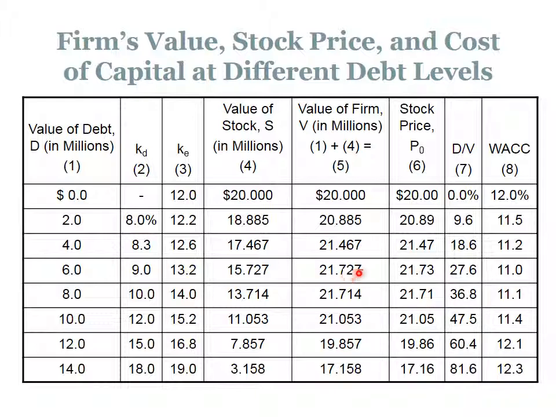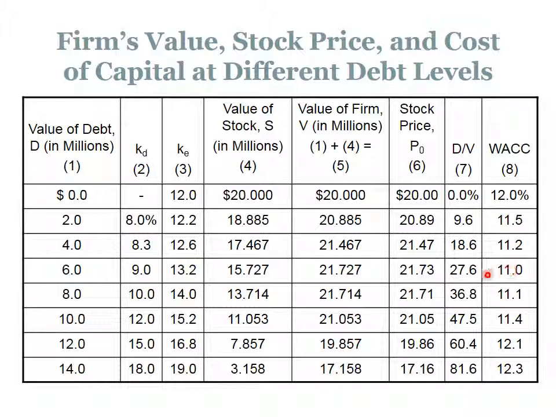See how your firm value is higher here than it is on either side? So it is at this level of debt and equity that our firm value is maximized. Notice our stock price is also maximized, and our weighted average cost of capital is minimized.